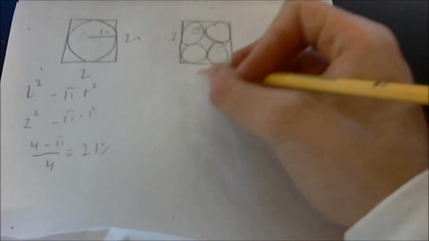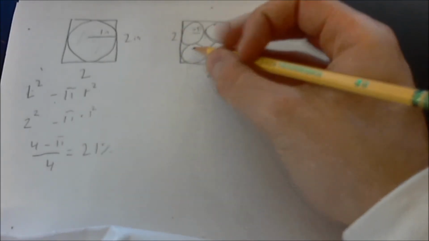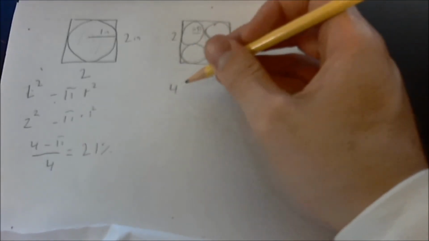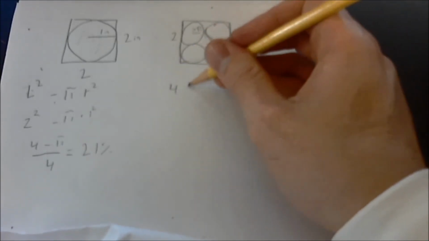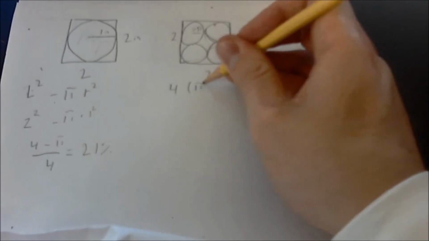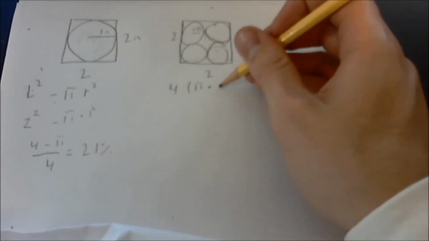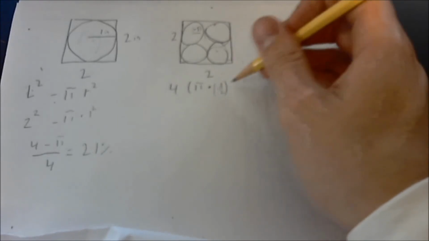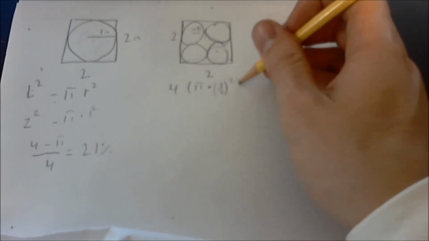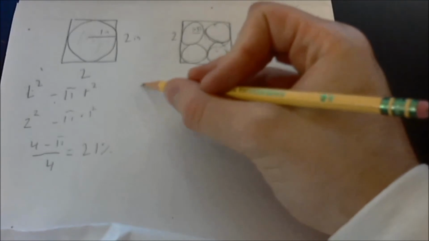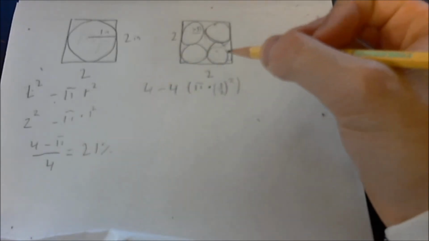And over here there are 4 circles, and each of their areas is pi times 1/2 squared. And we can subtract that from the same total area, which is 4.